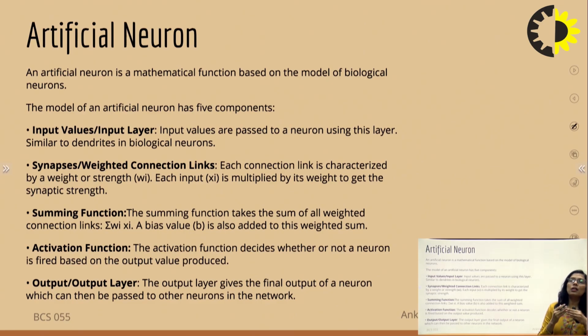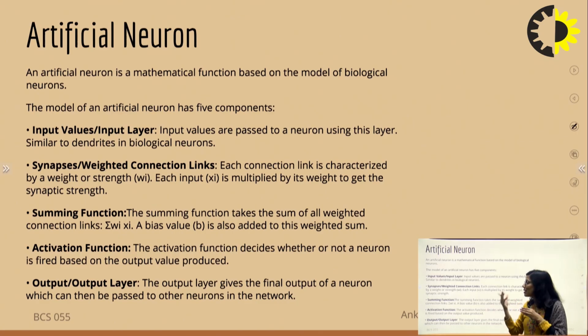Whenever there is a need for one neuron to connect to another neuron, the axon of one neuron connects to the dendrites of the other neuron, and this process of transferring information from one neuron to the other is known as synapse. Similarly, we have nodes in our artificial neural network, and these nodes communicate with each other through some signals.